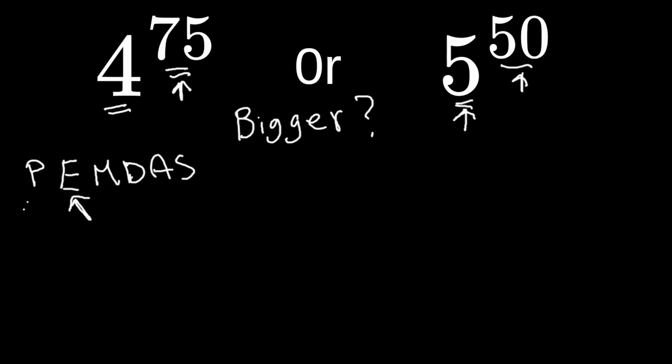So P stands for parenthesis, and in here you will have some numbers. And exponent, you're seeing some numbers right now with exponents. The M stands for multiplication, the D stands for division, the A stands for addition, the S stands for subtraction. But these, we solve from left to right.